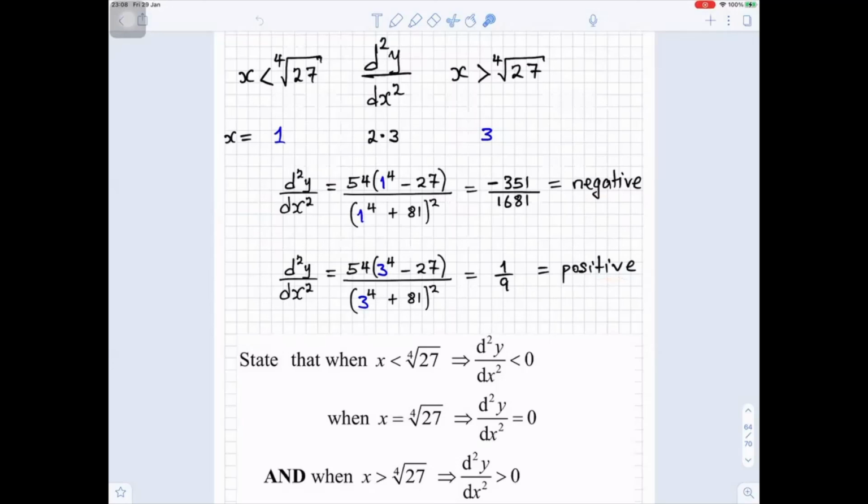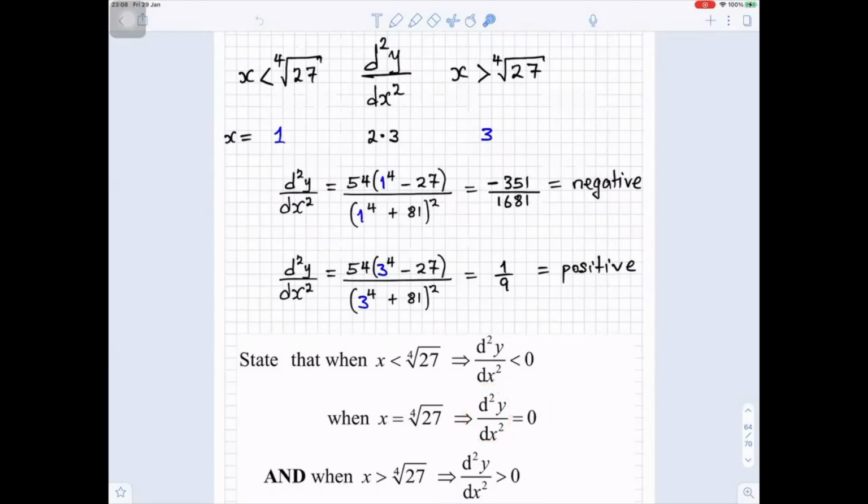Now we can conclude by stating that when x is smaller than the fourth root of 27, say 1, we get d squared y over dx squared is less than 0. That means it is negative. When x is equal to the fourth root of 27, we get d squared y over dx squared is 0.